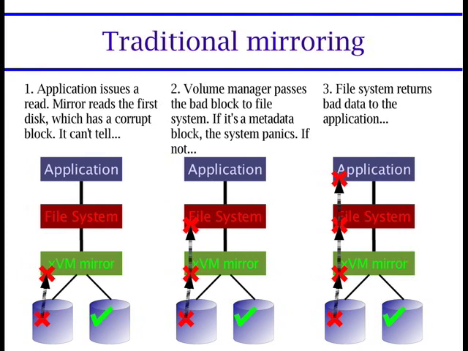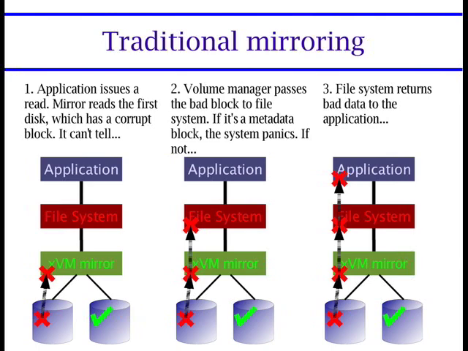But the logical volume manager, if it doesn't check the data, can't tell if data is good or bad. So in this case, it selects the wrong half of the mirror with corrupted data. And the sad part of this picture is that the good data are sitting in the other half of the mirror. It just didn't know what to pick.